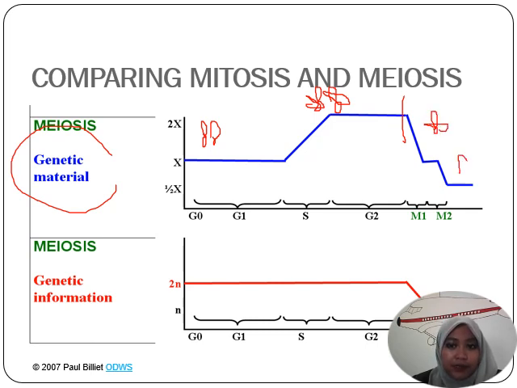When they finish meiosis 2, they have a single chromatid. In terms of genetic information, meaning the number of chromosomes, normally at the early process they have 46. Once they finish meiosis 1, they become 23, and continue to meiosis number 2.